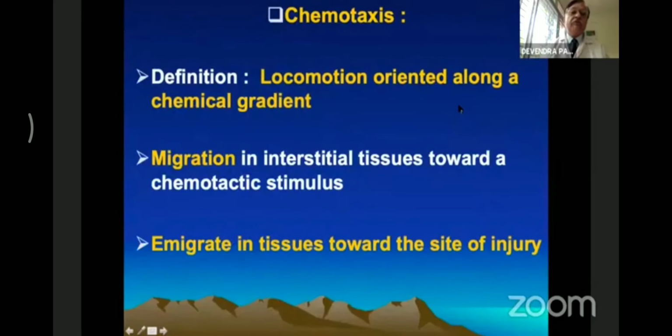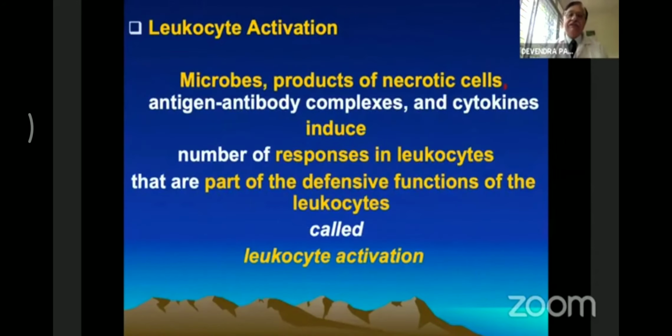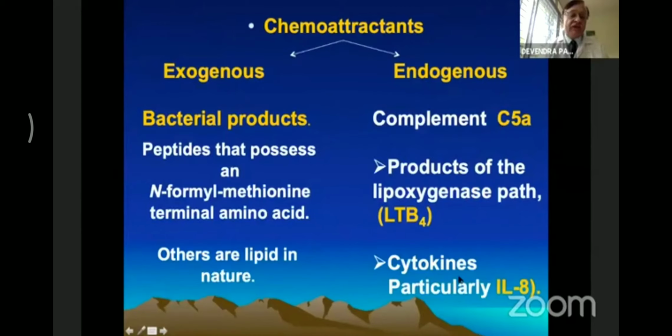Then we come to chemotaxis, basically the locomotion oriented along the chemical gradient. Whenever certain chemicals are more in concentration, leukocytes will travel towards that particular place. So what are the chemoattractants?